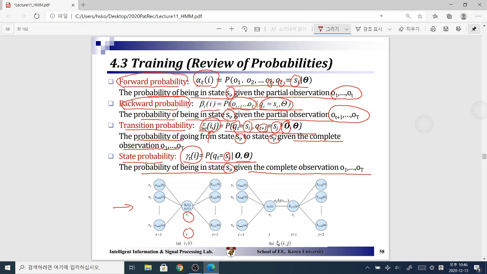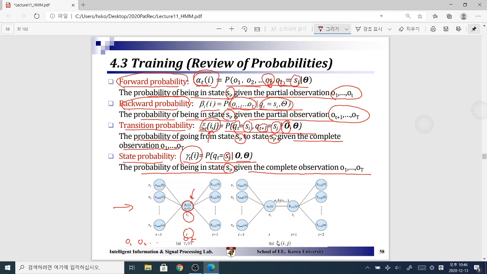At this particular node, which is state i at time t, that would be denoted by alpha sub t of i, which would be the probability of the observation sequence till O_t, being at state i at t, right here.